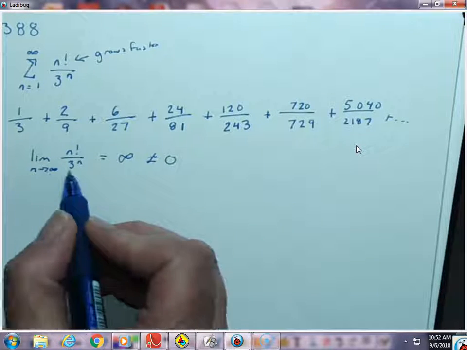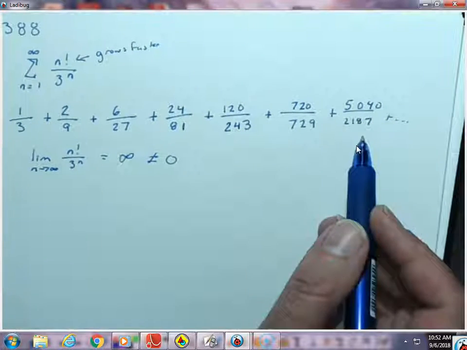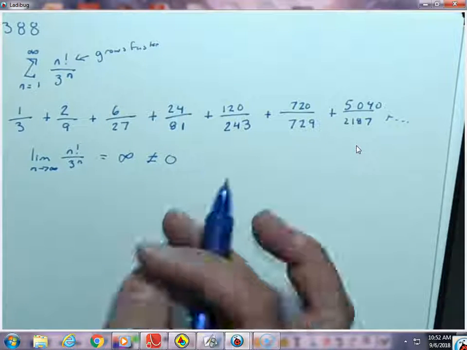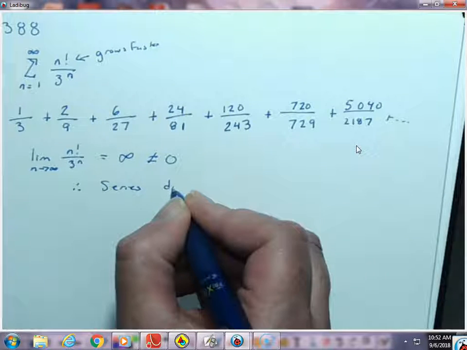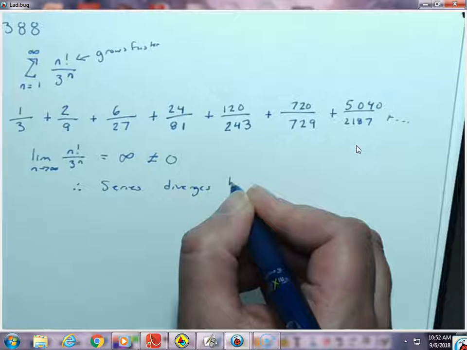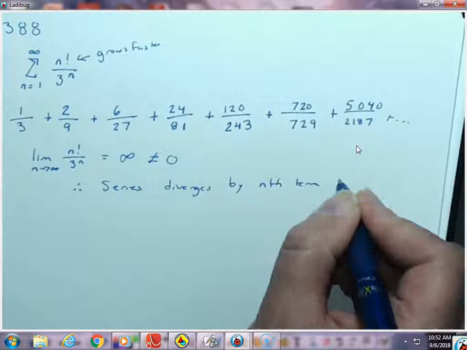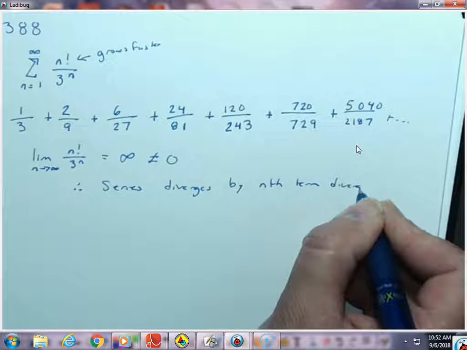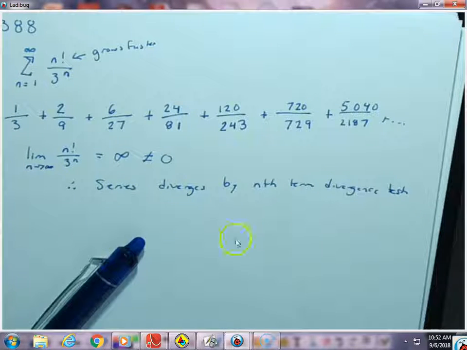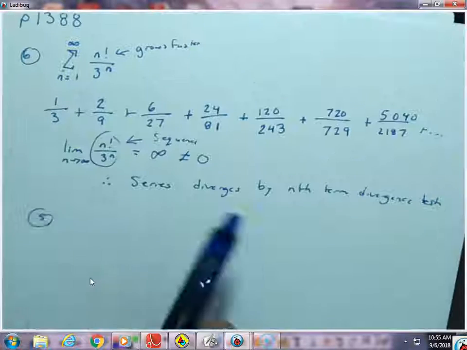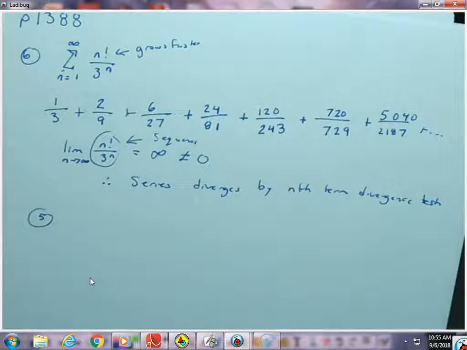So since the limit as n approaches infinity of the sequence is infinity, which is not 0, you can say, therefore, the series diverges by the nth term divergence test. And you do have to say by what test, because we're going to have a lot of tests, so you can't just say diverges.